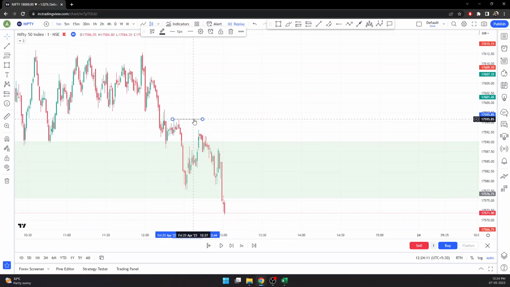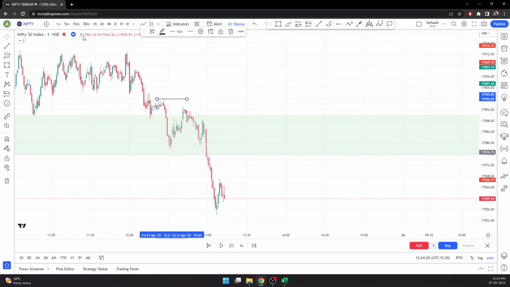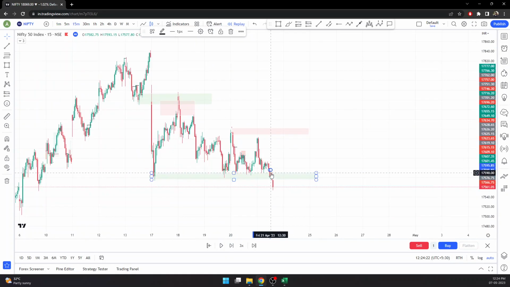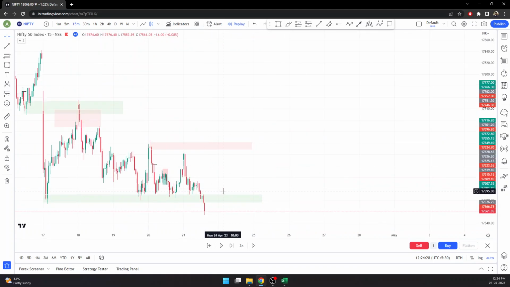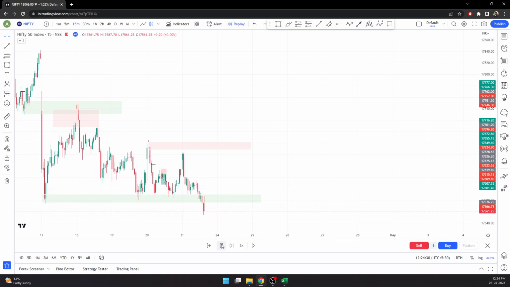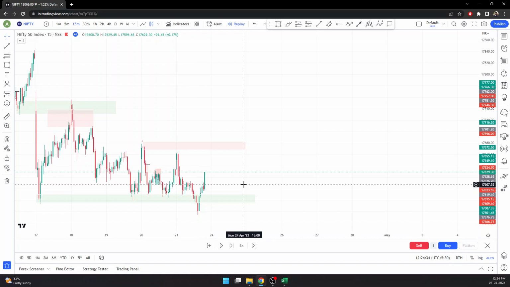Okay, it has now gone back down. This is where we see some, view was bullish.